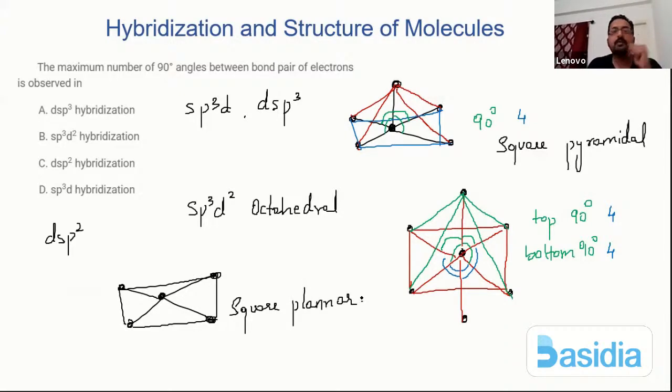So what is the question? The maximum number of 90-degree angles between bond pair of electrons is observed. 90-degree angles is what we are speaking about, correct? So when you find the most number of 90 degrees, in which structure are you going to find it?